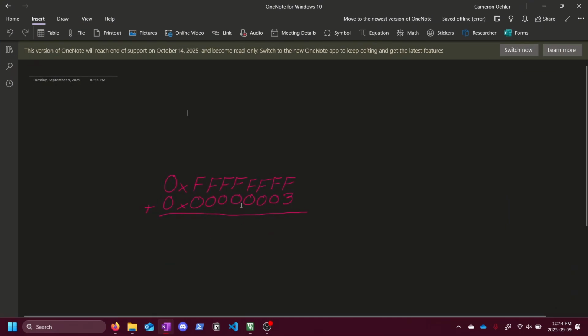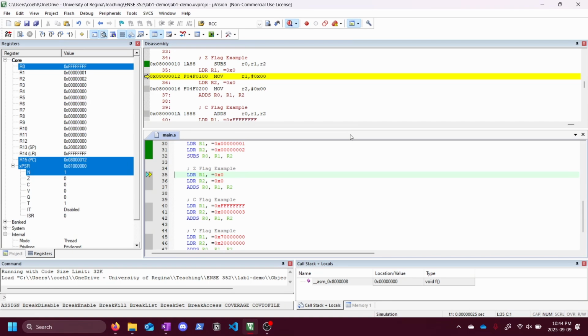So for example, that uppermost digit there was an F. If we break that down into its individual bits, it is 1, 1, 1, 1. So that is the hex representation F into the binary representation right there. It is checking that bit right there. In this case, it's a 1. That's why we get the negative flag set there.